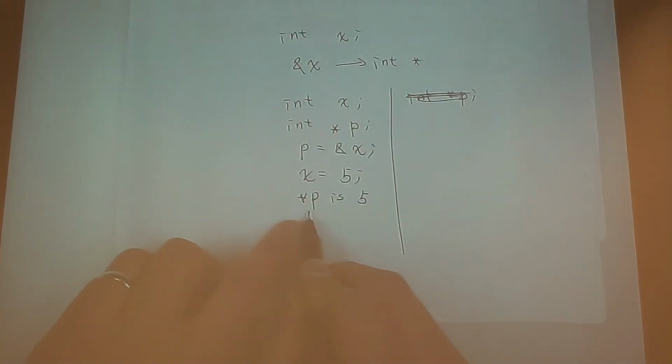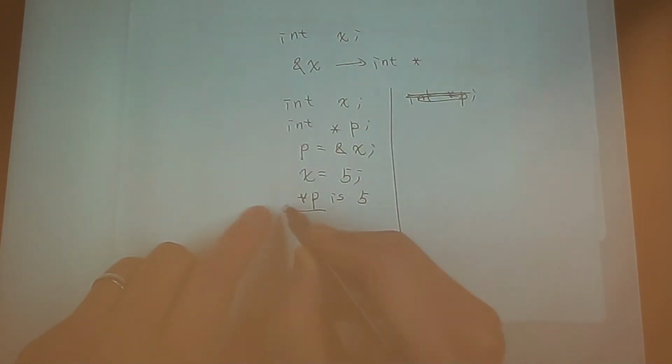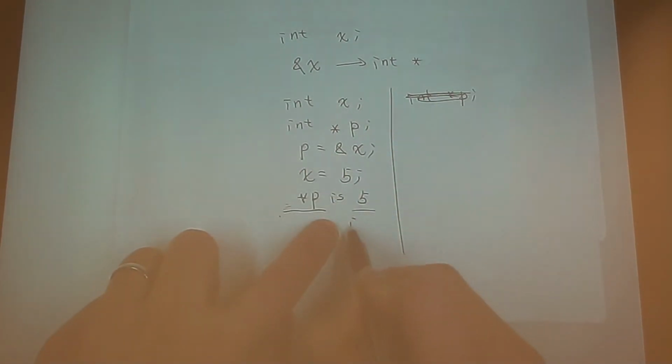Notice I don't have integer in front. Remember I have 4 different ways to use star. This is creating a pointer. This is not creating a pointer since I'm not writing integer in front. So I'm taking p as an address and reading the value from the address. What's that address? That's the address of x. Therefore, this one is integer.